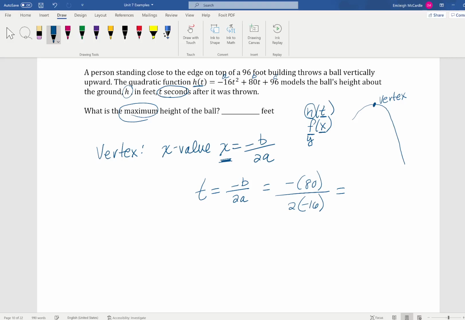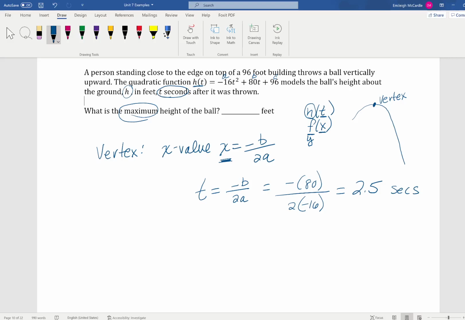And again, we're looking at time, and it tells us our t is in seconds. So this is going to be 2.5 seconds. You can have this as a decimal, because it's an application problem. Now, if you wrote it as a fraction, that's not exactly wrong. It just might not be what the computer is looking for if you were using the online homework system.